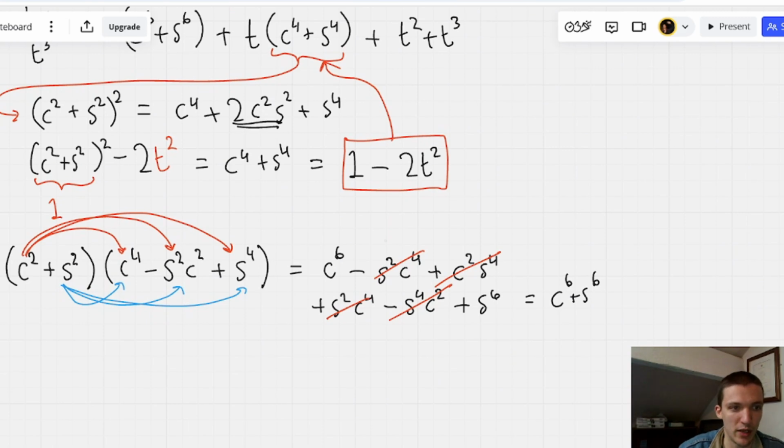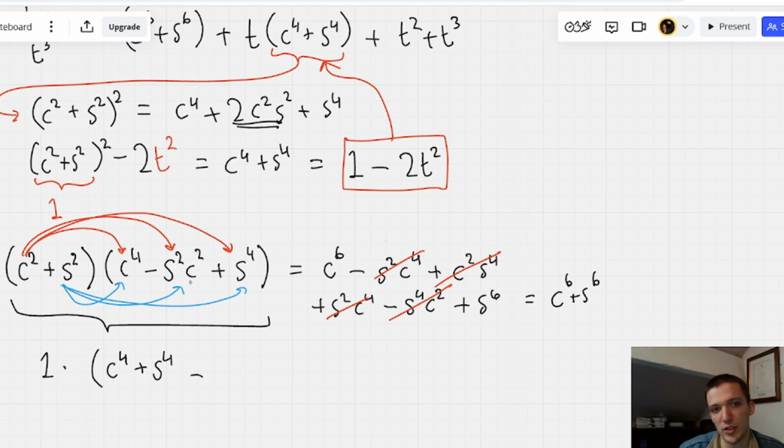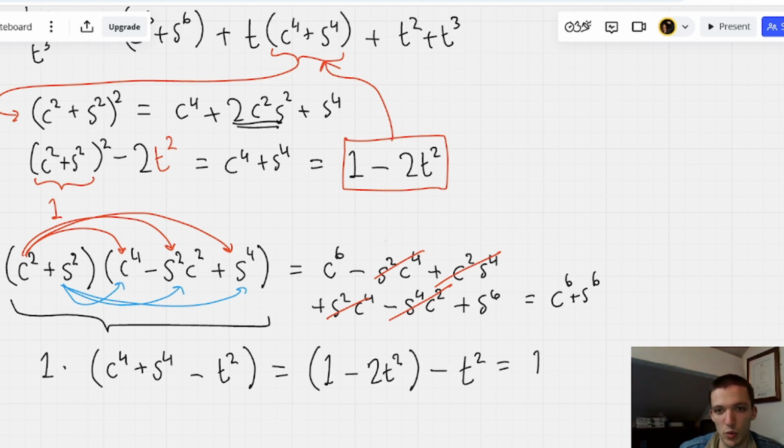Now this is useful because this equation here, well, this is 1 times c to the 4 plus s to the 4 minus s squared c squared is just t squared. And that's useful because the 1 doesn't matter, multiplying by 1 just gives you the identity. So c to the 4 plus s to the 4, we decided this was 1 minus 2t squared minus another t squared, which is 1 minus t cubed.